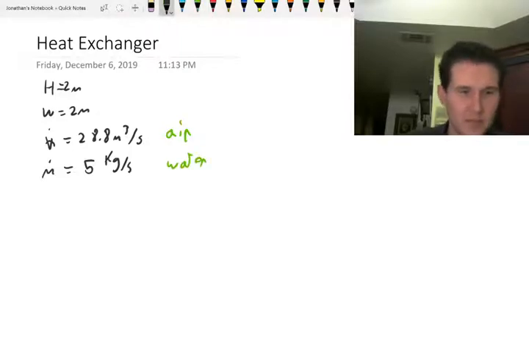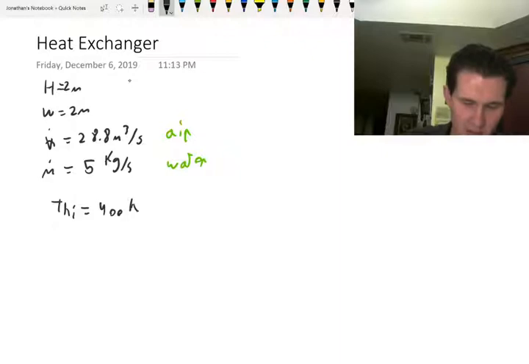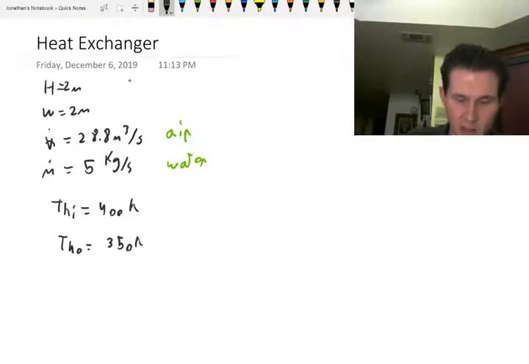All right, and we have our T input is 400 Kelvin. Our TH output is 350 Kelvin. Now this is for the water. Remember that your hot here is the water because that's the hot stuff.